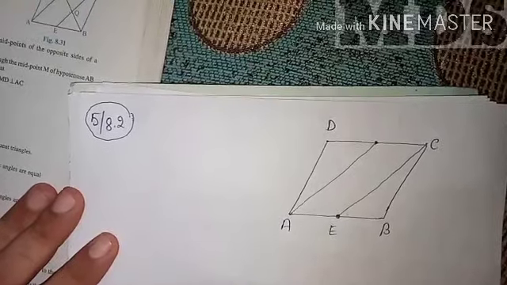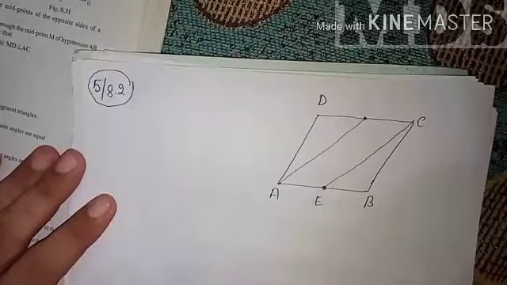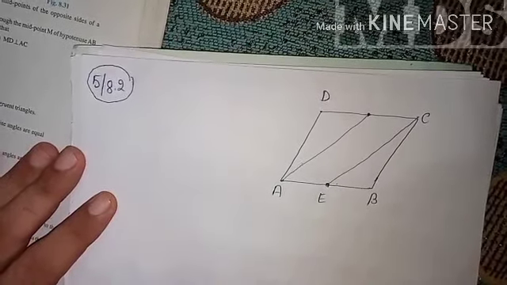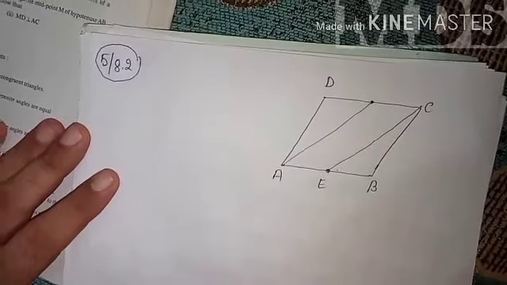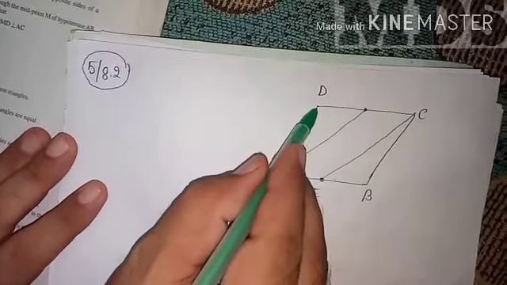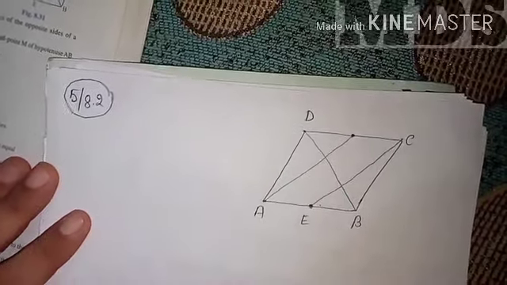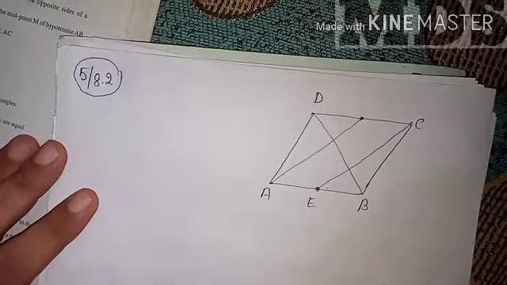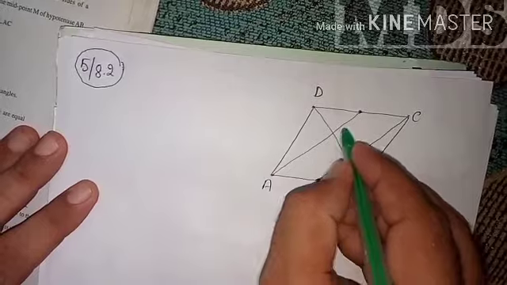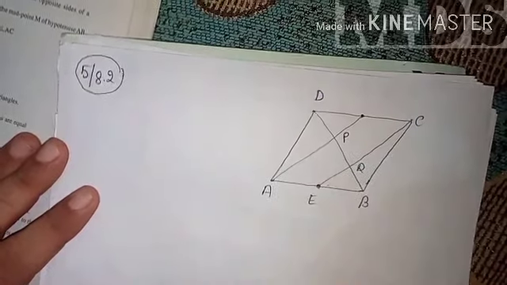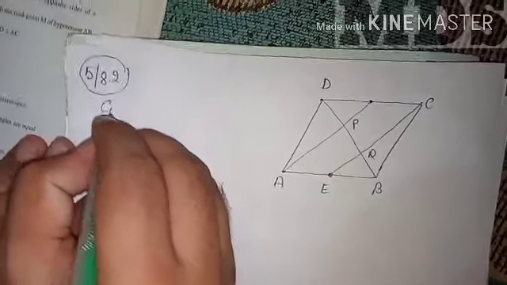Understood? Show that the line segments AF and EC trisect the diagonal BD. This is your diagonal BD. You have to prove. This one is named P, and this one is Q. First write given.